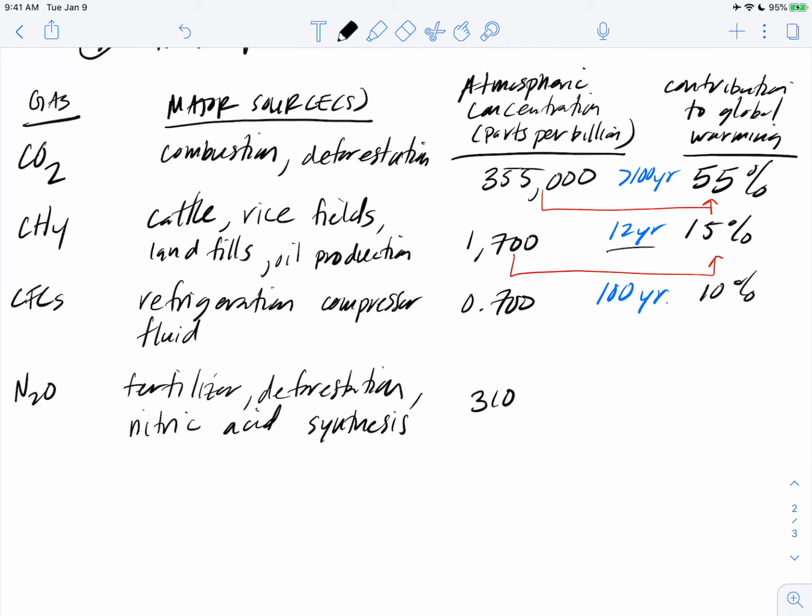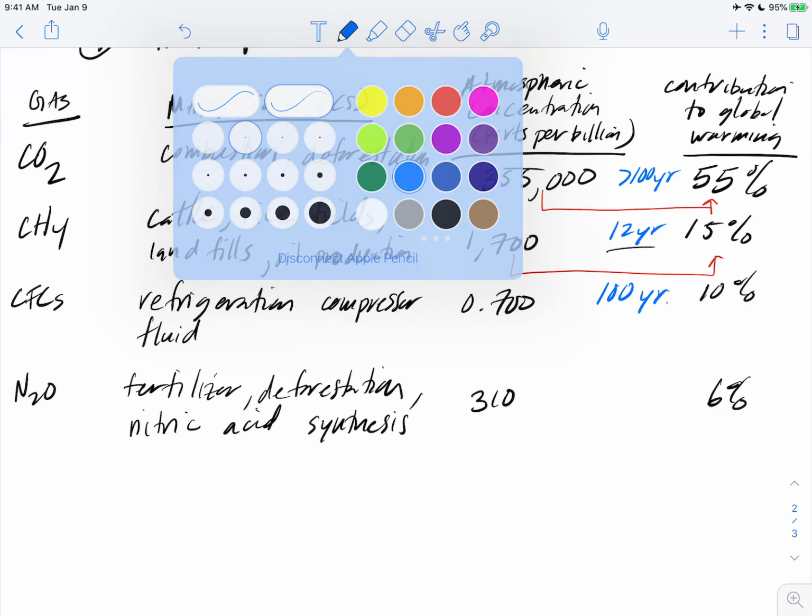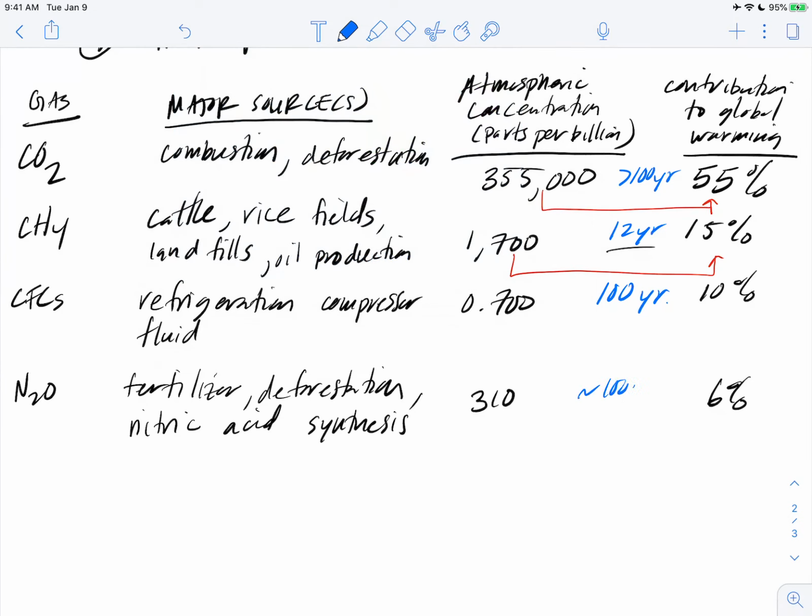So we have a higher atmospheric concentration, 310, but only 6%. So you can see we've ordered these by percent of contribution to global warming. And the lifetime is approximately 100 years as well. So again, one of these longer atmospheric lifetimes.